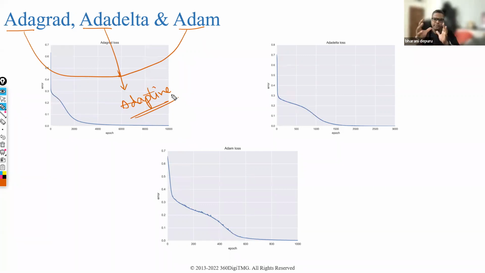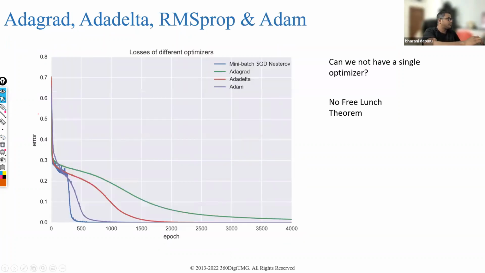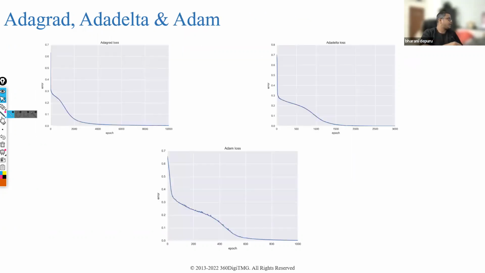I mean, different values for the formula. And ADA-grad is what we'll talk about. Let me explain. ADA-grad stands for Adaptive Gradient Learning. As the name itself implies, ADA means change.